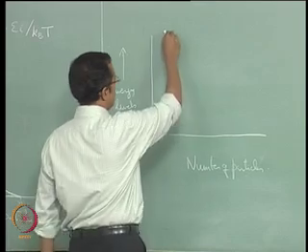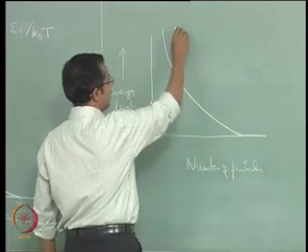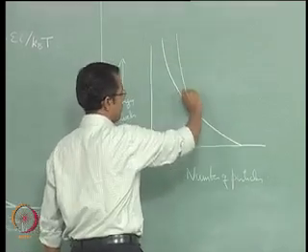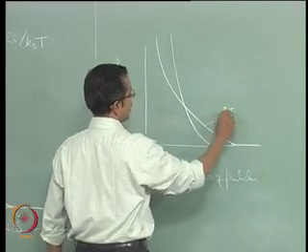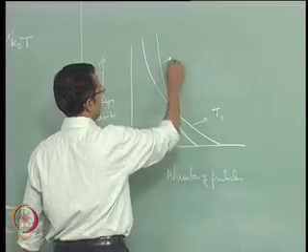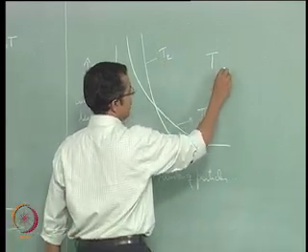Without going into much detail of all the particles that we just saw, we will just have two curves that look like this. This is at T1 and this is at T2, where T2 is greater than T1.